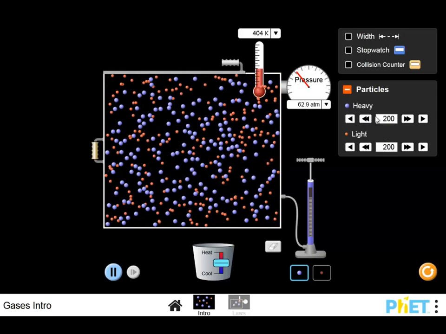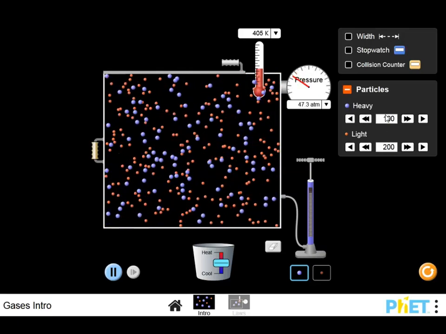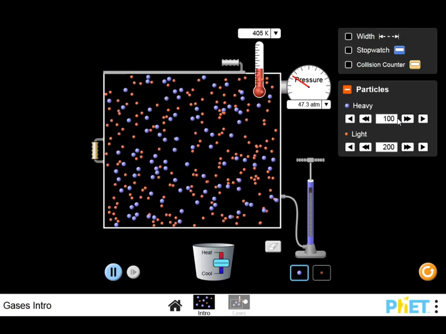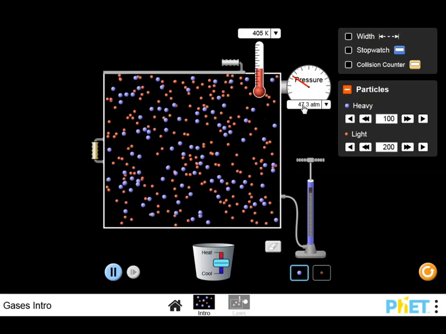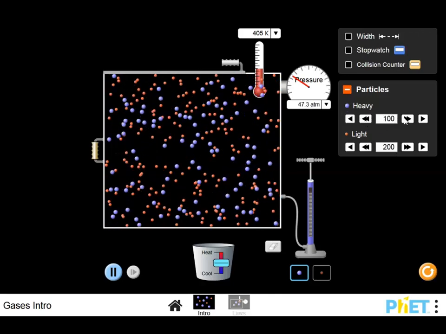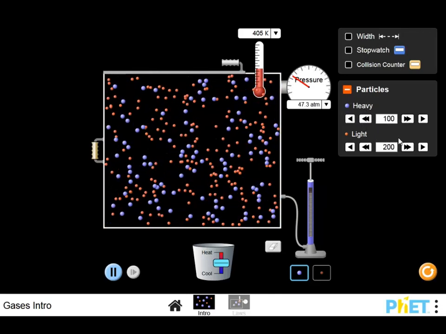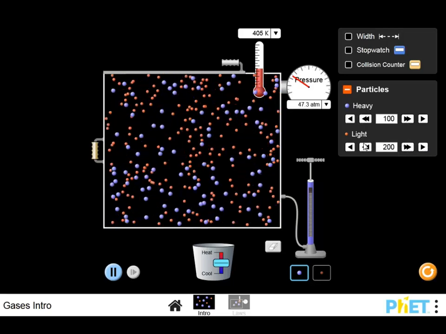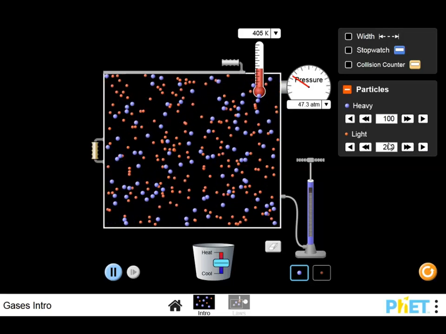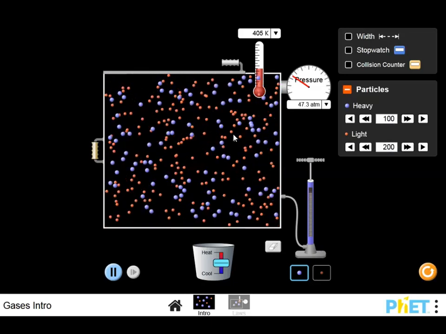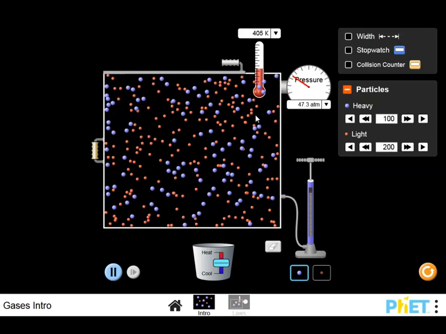However, when it's not 50-50, if it's something like 33% and 66%, now I know that of this roughly 45-ish, about 15 atmospheres is coming from the heavies, and about 30 atmospheres is coming from the lights. Because the proportion of the actual gas particles is the same proportion of the pressures being exerted by those particles. That's what this is saying.